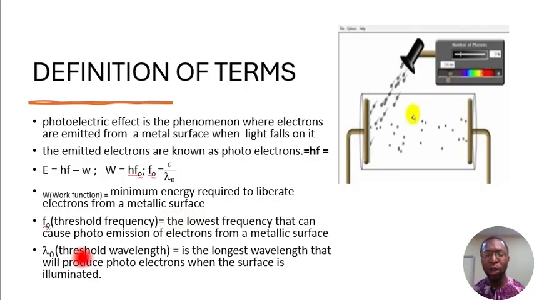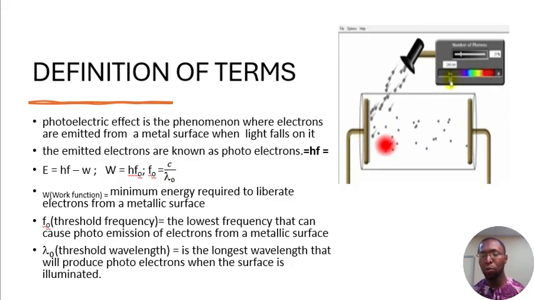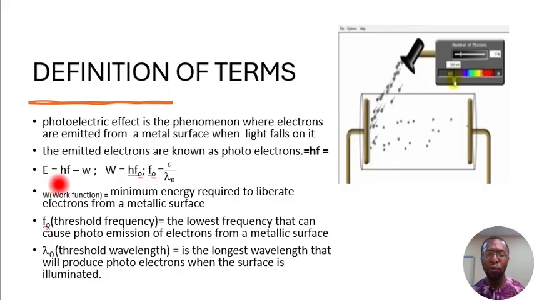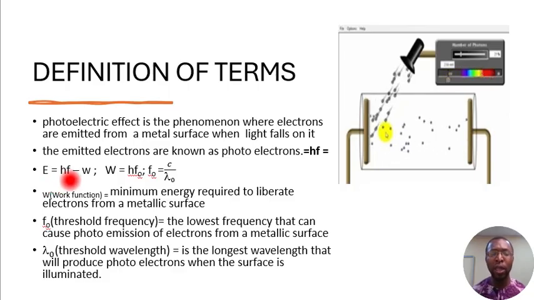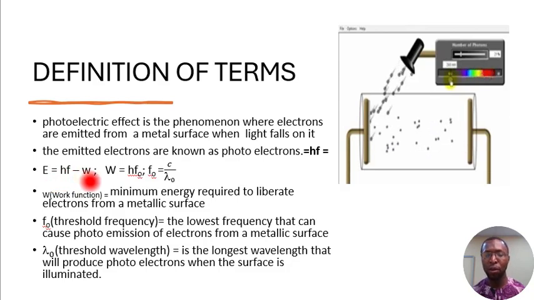And then the threshold wavelength is the longest wavelength that will produce photoelectrons. So the longest wavelength of the light ray that will help us to produce photoelectrons. So by formula, kinetic energy of the electron equals the product of Planck constant and frequency of the light ray, minus work function.